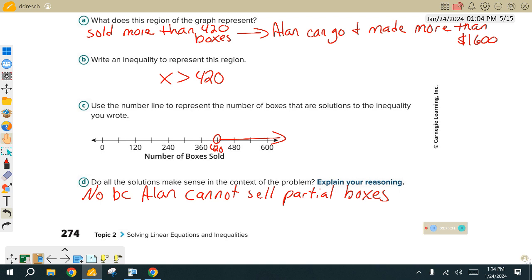What I've shaded here includes 500 and a half, which cannot happen. 499 is fine. But really we can't shade everything.